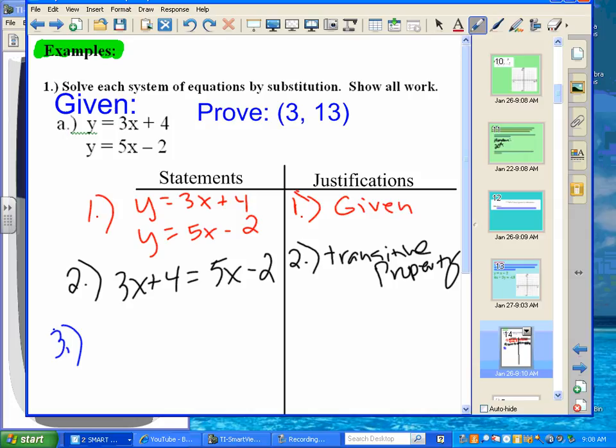Maggie, what would we do for step 3? Good job. Subtract 5x on both sides, so I'm going to write it under here. Since you're subtracting 5x from both sides, this would be subtraction PO. I'm going to abbreviate. Subtraction property of equality. It's an equation. You're doing it on both sides. So we would have negative 2x plus 4 equals negative 2.